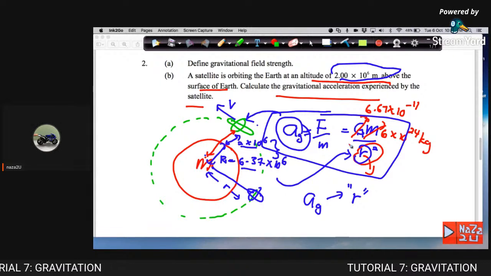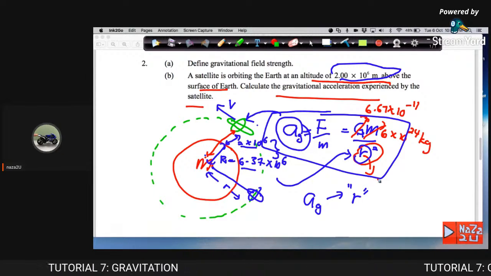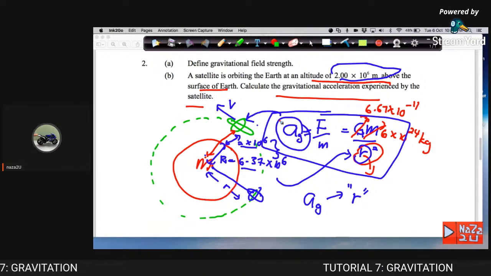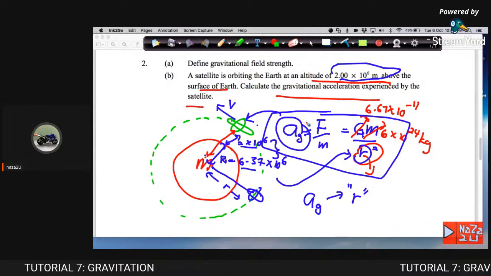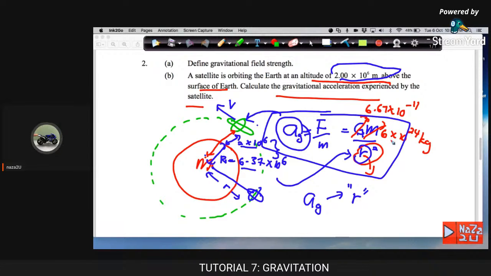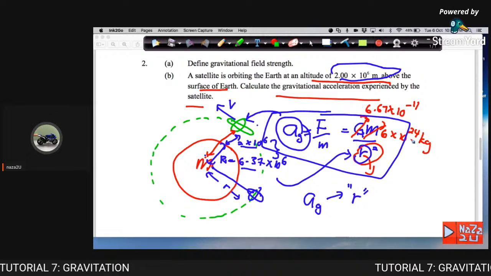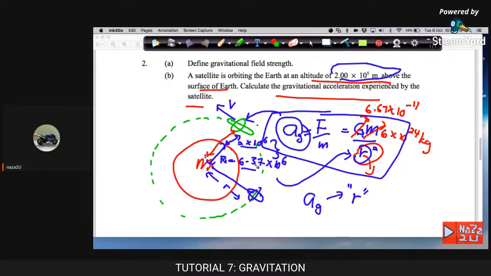Mass bumi, G universal constant 6.67 exponent minus 11. Okay kelas, so kamu masukkan dalam sini, so kamu boleh kira lah berapa dia punya gravitational acceleration. Okay, katalah kalau saya kira kat sini, so kita ada 6.67 times 6 exponent 24 kilogram divided by R, 2 exponent 6 plus 237.